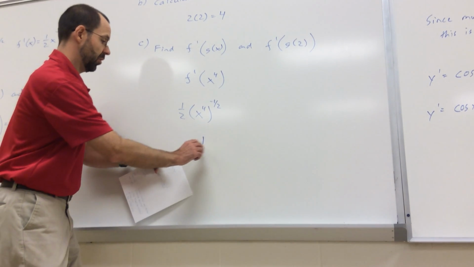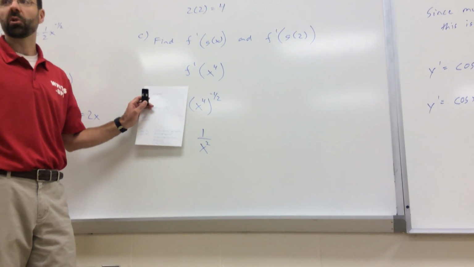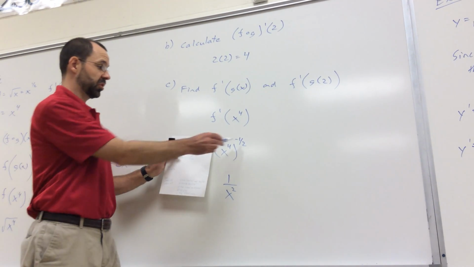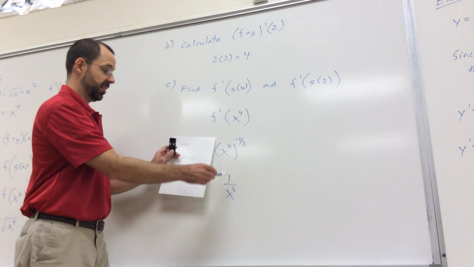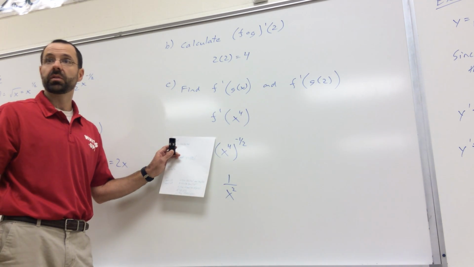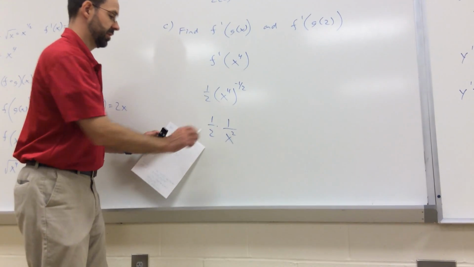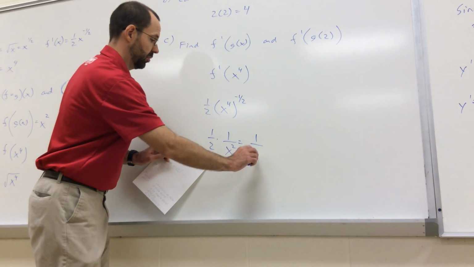So that's 1 over x squared. I'm ignoring the half for right now. So if I multiply that by a half, my answer would be 1 over 2x squared.